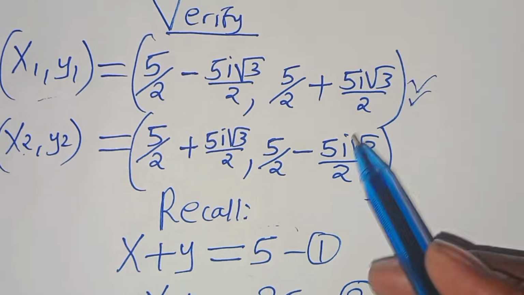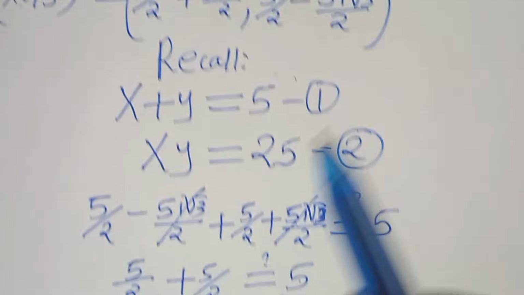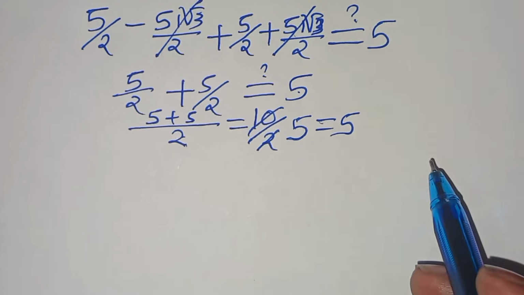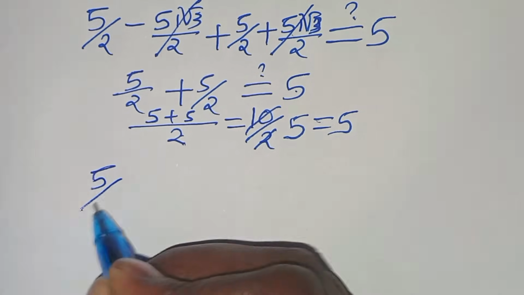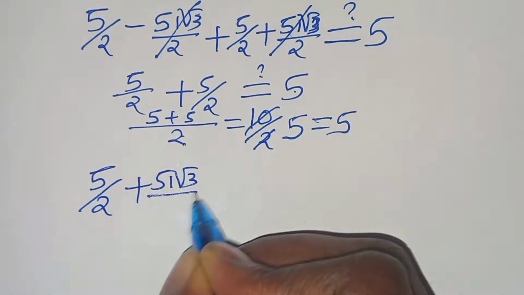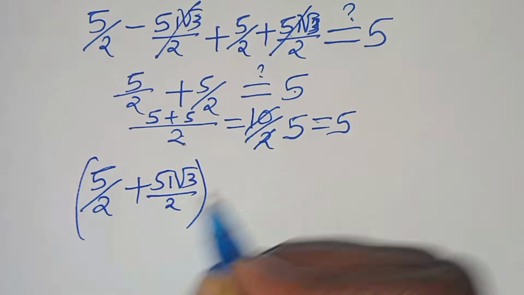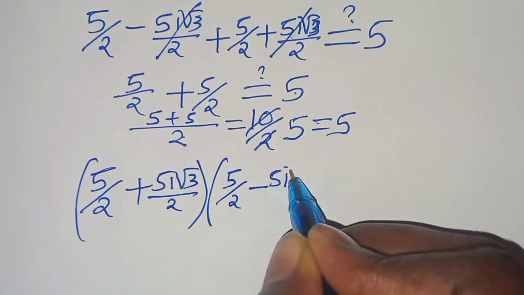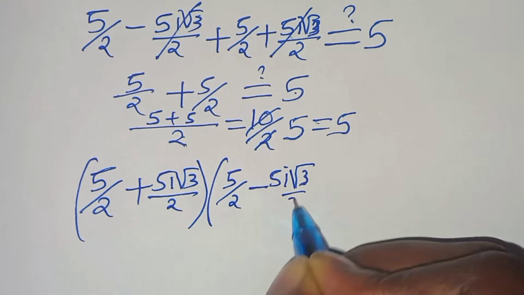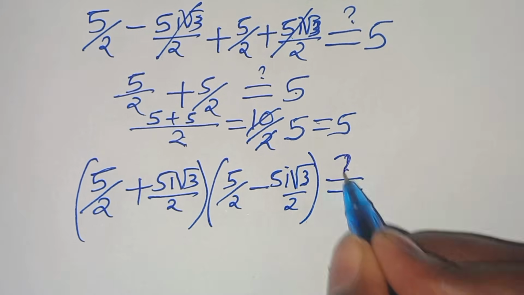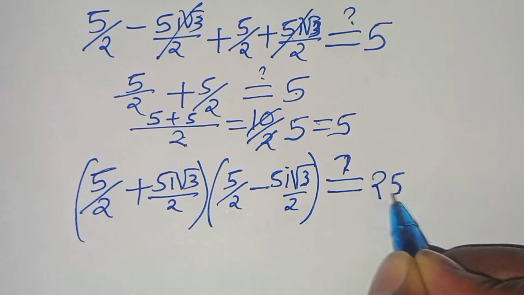So let's check x2, y2 using equation 2 here. So we have 5 over 2 plus 5i square root of 3 divided by 2 multiplied by 5 over 2 minus 5i square root of 3 over 2. This is supposed to give us a value of 25.